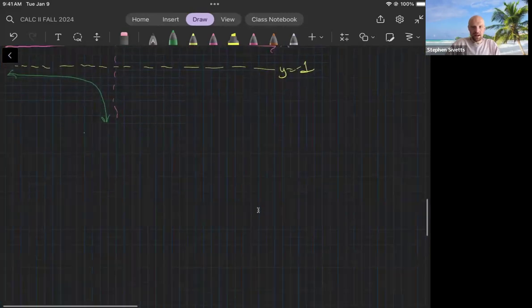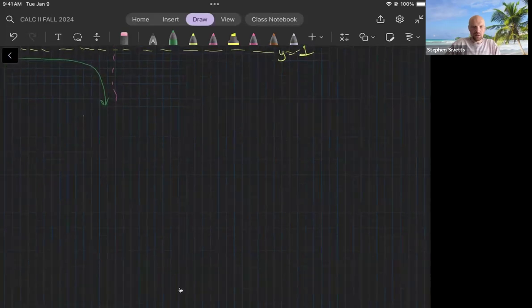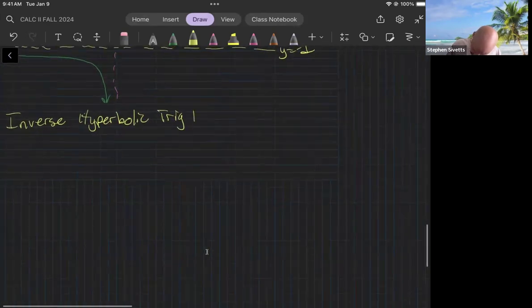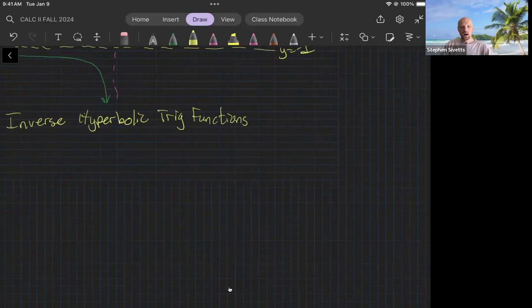So what I want to get into next is inverse trig functions, inverse hyperbolic trig functions. I will show you one example of algebraically finding the inverse of a hyperbolic trig function.